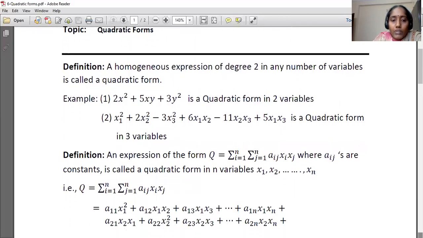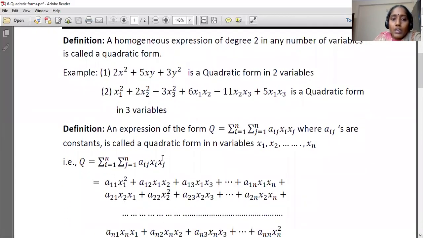Now in general, we can express a quadratic form as Q = sigma i = 1 to n, sigma j = 1 to n, aij xi xj, where aij are constants, called the quadratic form in n variables x1, x2 and so on up to xn.